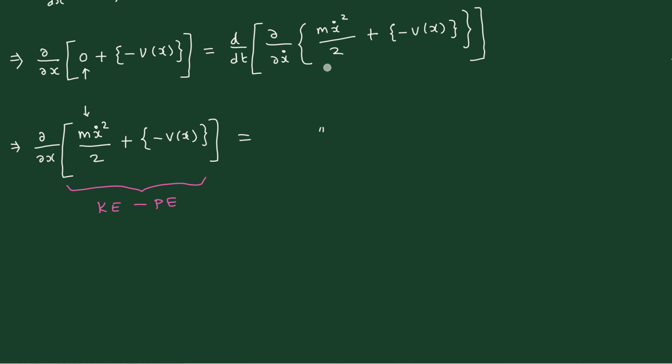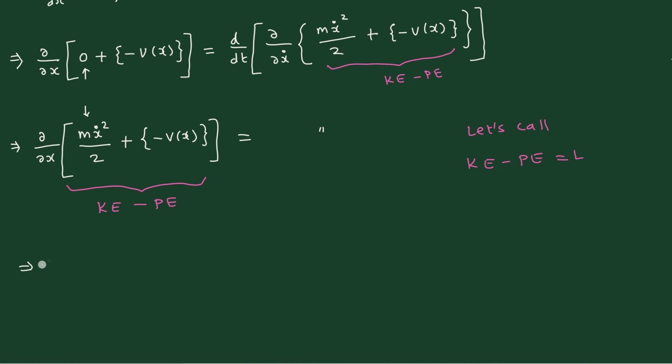And the same thing is there here also. This particular object is the same kinetic energy minus the potential energy. So let us call the kinetic energy minus potential energy by some symbol, whatever symbol you give.